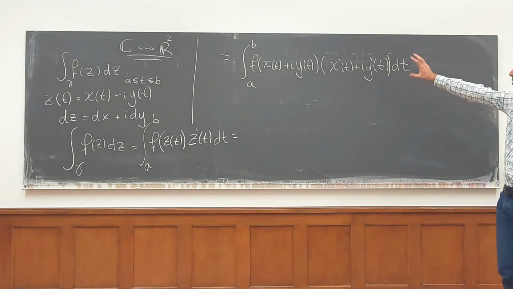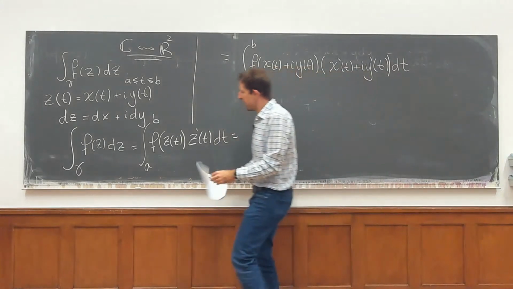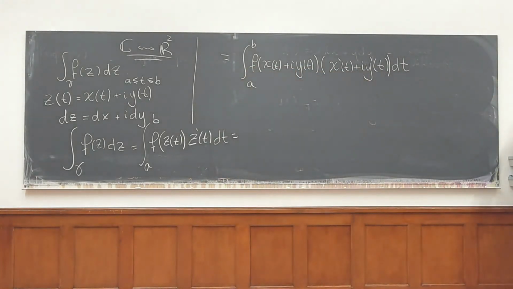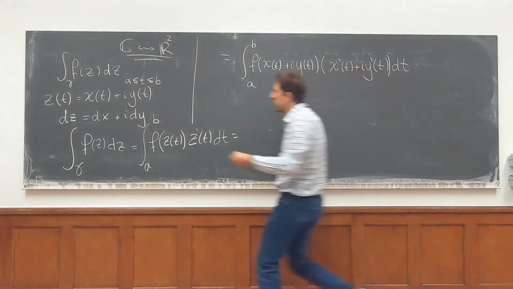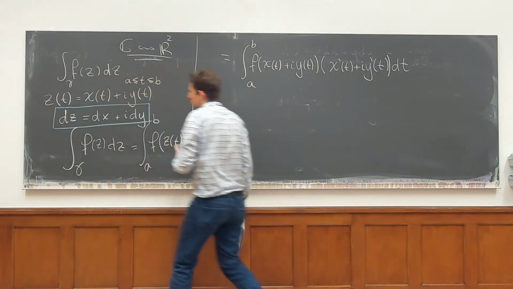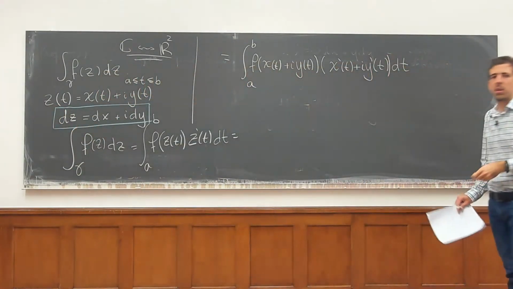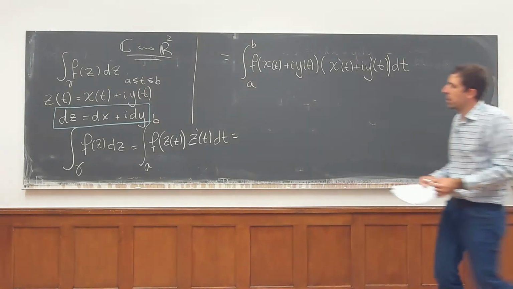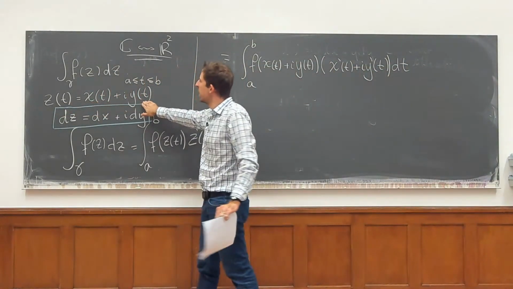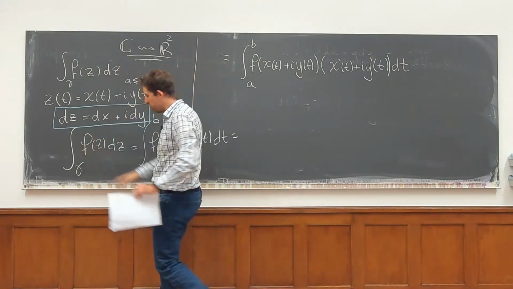All I'm doing is grabbing the definition. I'm using this type of argument to justify why this is how you should think about it. This other form I'm not using, because it's not even quite clear what I mean by that. I'm just writing z(t) as its real and imaginary part and computing the integral.